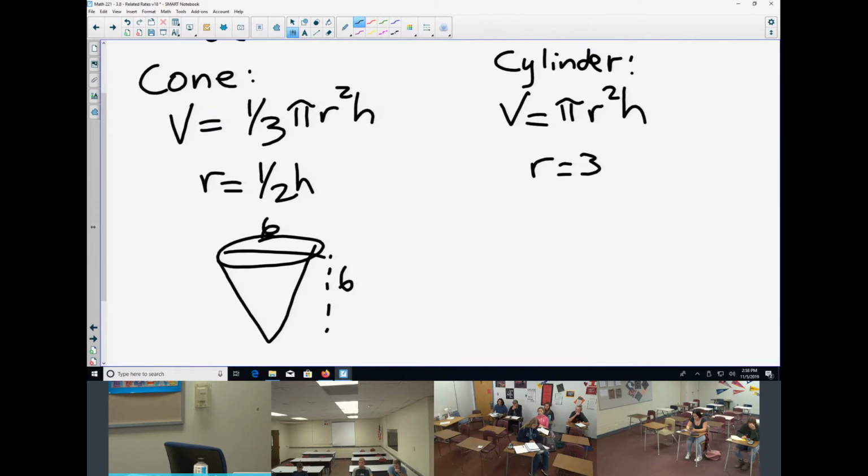So with a cone, that proportion will always be the same. So the diameter and the height is the same.